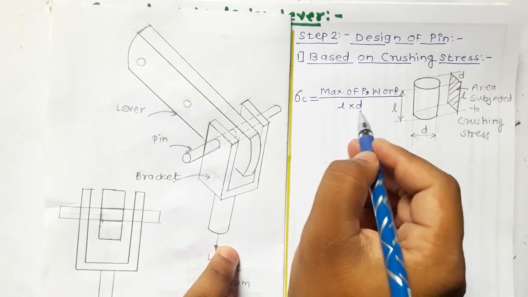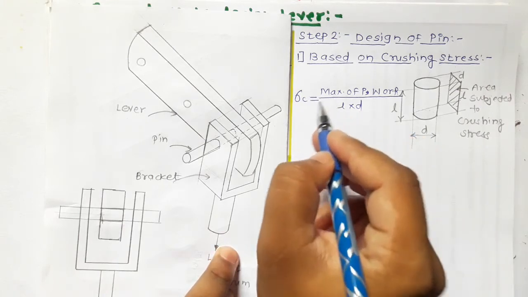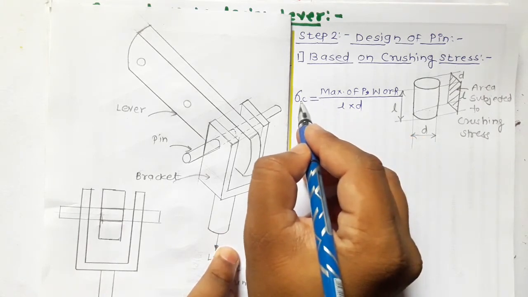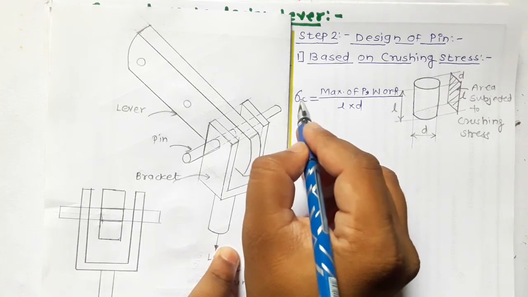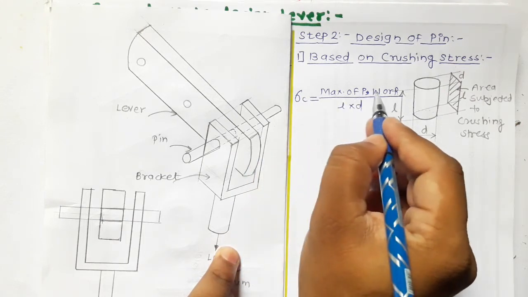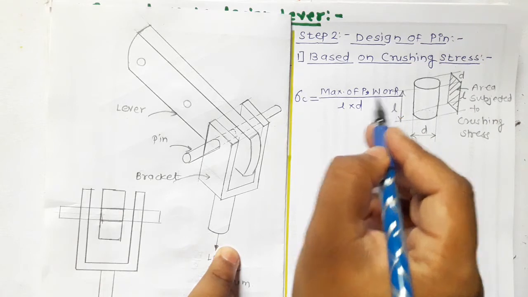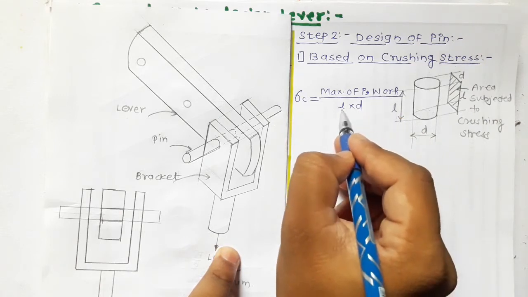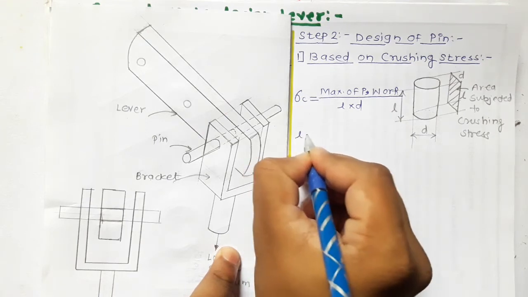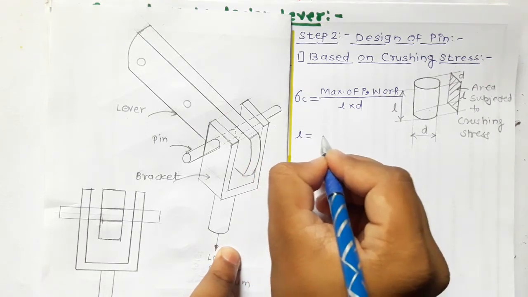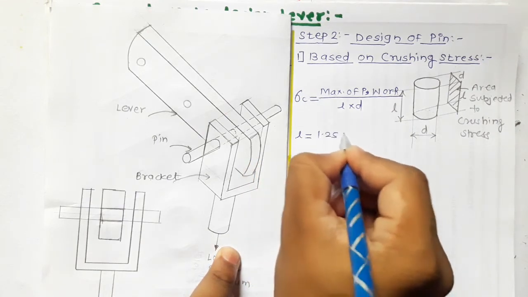From this equation we have to calculate the diameter of the pin, d. In this equation, the permissible crushing stress will be given in the problem, the maximum of P, W or R we can calculate from step number 1, and d we have to calculate. But one more quantity is unknown, that is the length of the pin. So we take a relation between L and d as L is equal to 1.25 d.